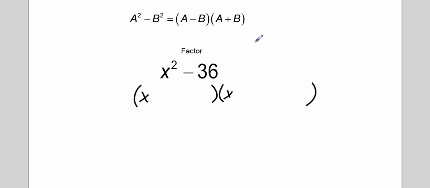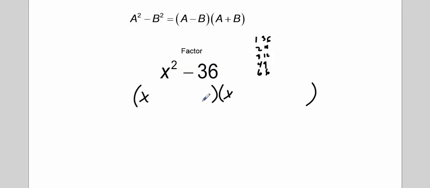Now, normally to multiply to 36, we have 1 and 36, 2 and 18, 3 and 12, 4 and 9, 6 and 6. Now, rather than guessing all those, we could say, okay, well, the first term is a perfect square, the second term is a perfect square. I'm going to guess, and 9 times out of 10 you're probably going to be right, that I'm using this as a perfect square.